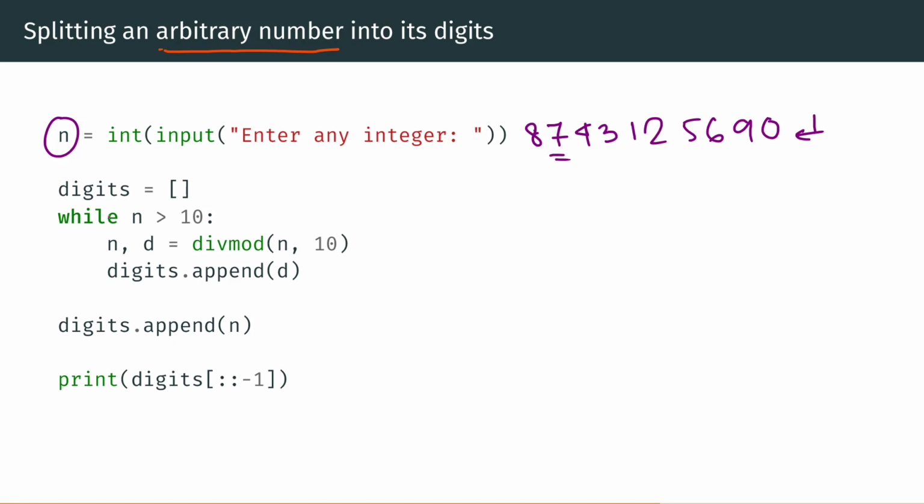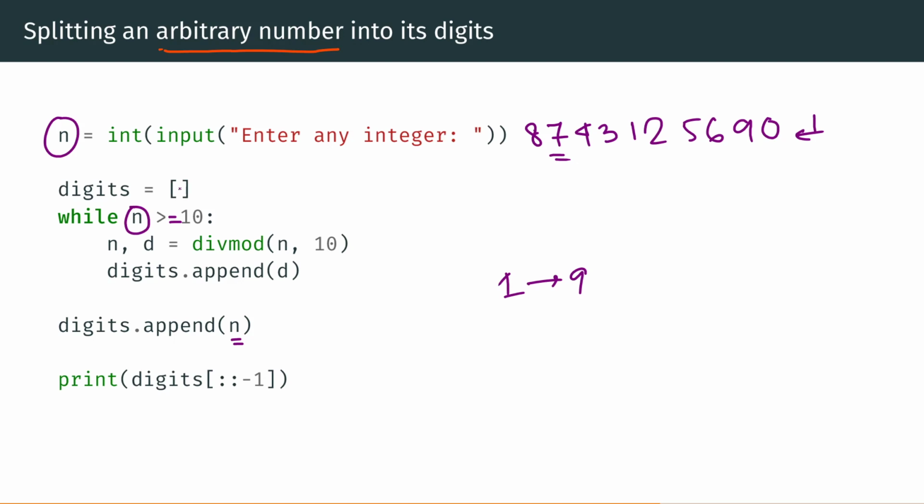The first statement checks if the number is 10 or not. If the number is not greater than 10, if the number is less than 10, actually it should be greater than or equal to. If the number is less than 10, we just append that number to the list and then display the number.